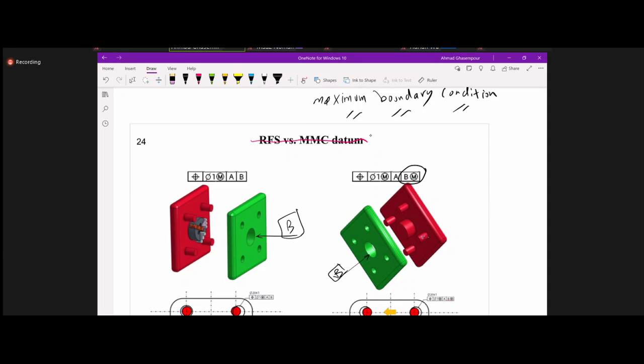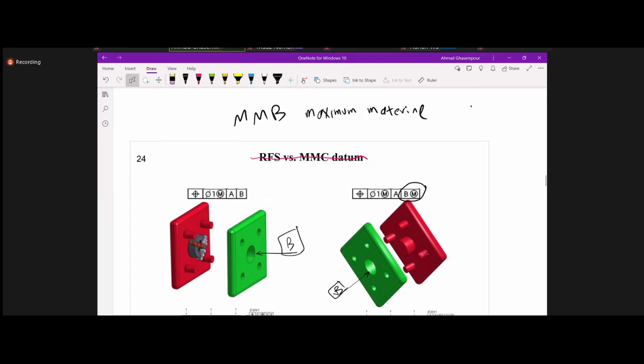I used the wrong terminology. So it's maximum material boundary, sorry. Maximum, the condition is not there. So MMC has become maximum material boundary. Then we have least material boundary, LMB.